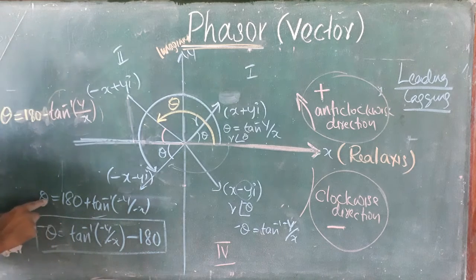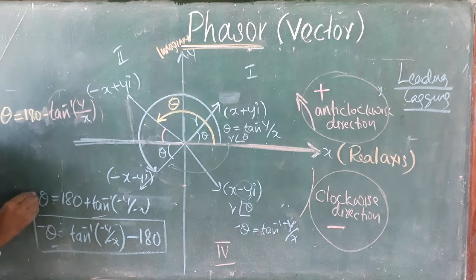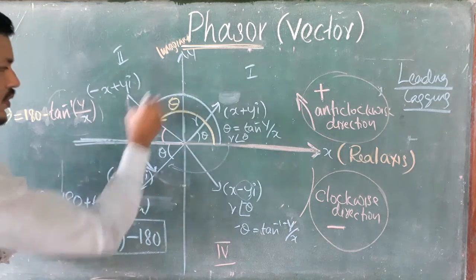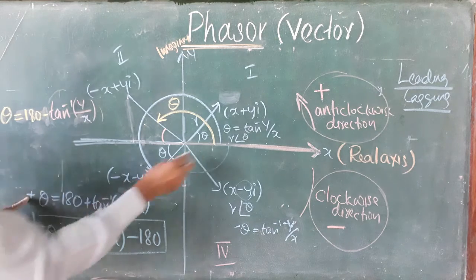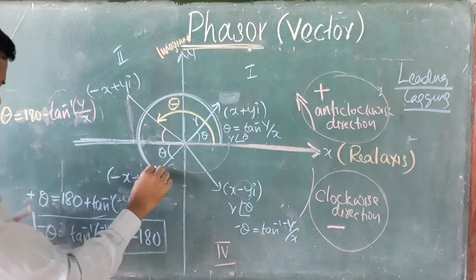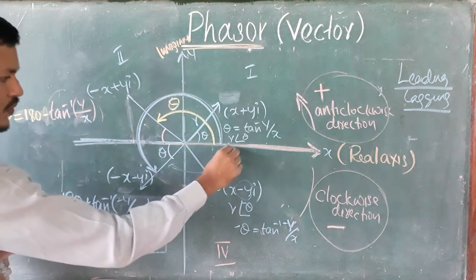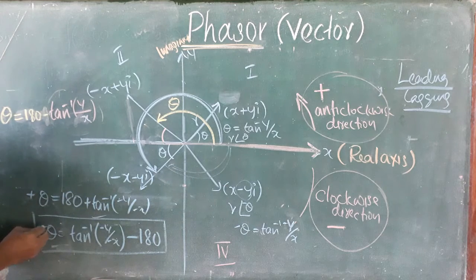Clear? In this case we are getting positive theta, anti-clockwise direction. In this case we are getting minus theta, that is the clockwise direction. That's the difference. So clearly understood? This one is anti-clockwise direction, positive theta. The second one is clockwise direction, so clockwise direction is minus, so minus theta.